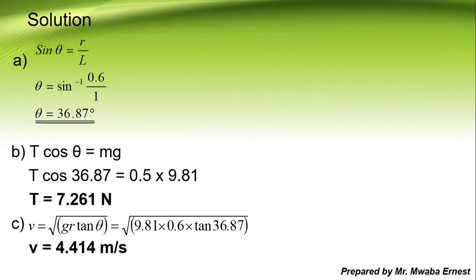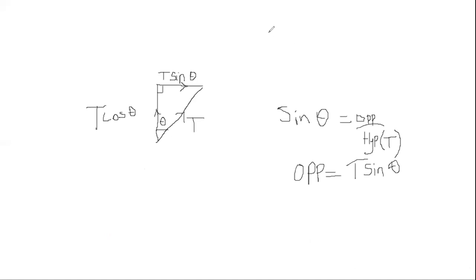Now, in the first part, I want to illustrate it this way because I think you might not have picked it up in the diagram. I want you to take a look at this. You have a rope of this length. Then you have a mass attached at one end.